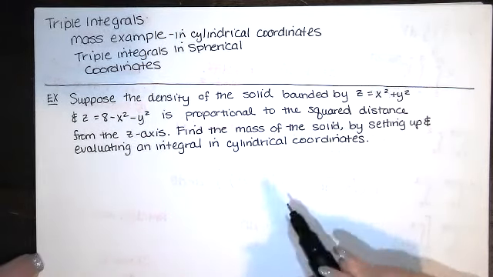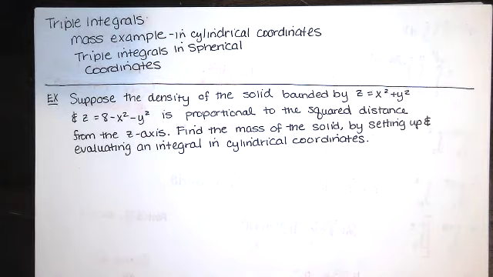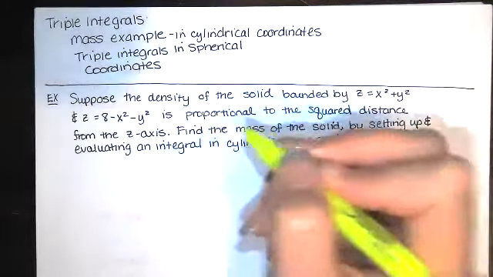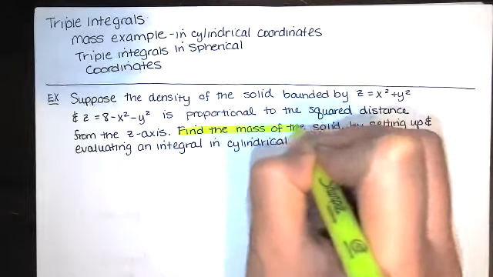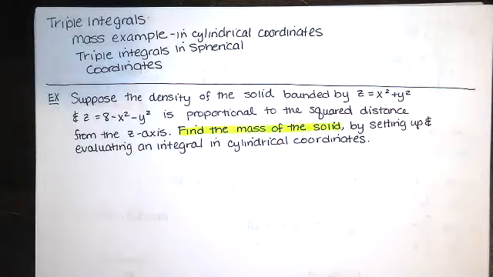Now, the first thing we need to do is realize that we are finding mass. That's the first thing that stands out to me, so I'm going to write down my general formula for mass.